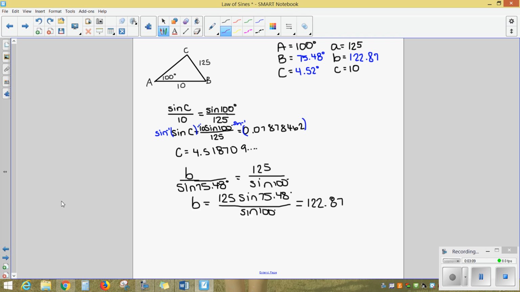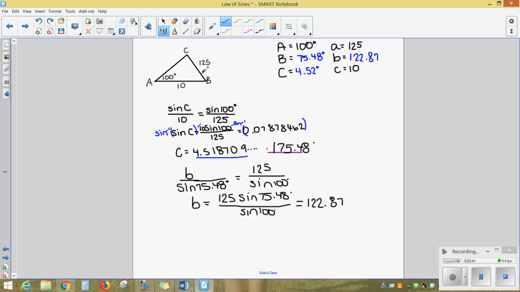This one, when we found angle C to be 4.5 degrees, if we look in the second quadrant and find an angle that has a reference angle of 4.52, so 180 minus 4.52, my other angle would be 175.48 degrees.